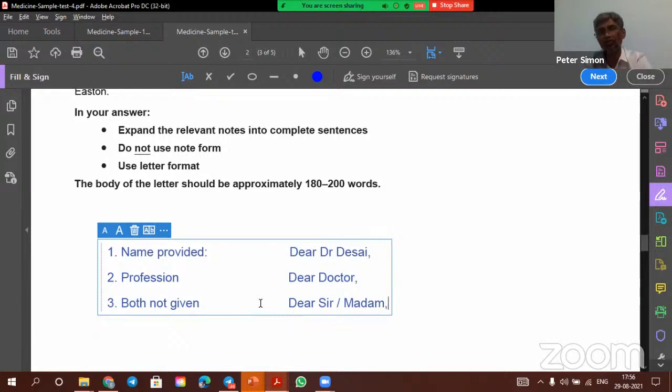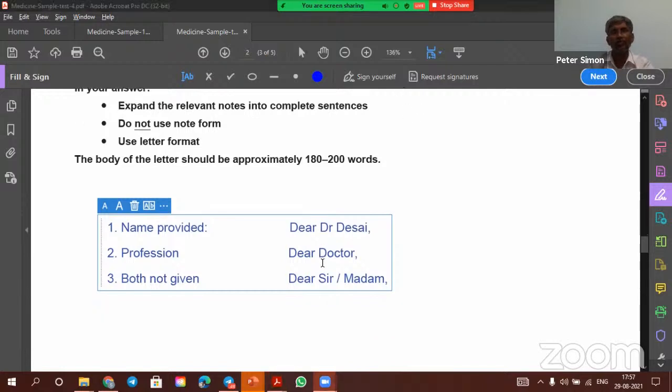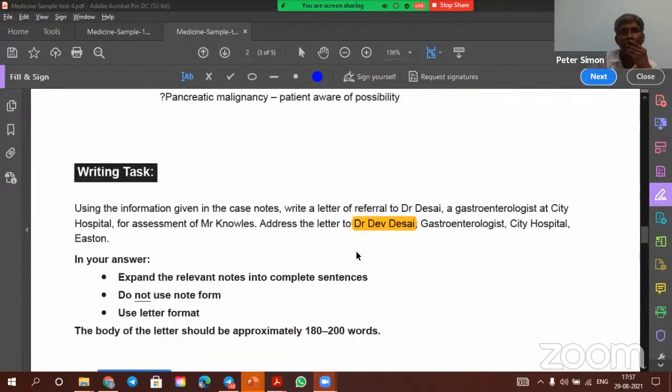So these are the 3 options you can use. There is no doubt regarding that. So dear Dr. Desai, or a dear doctor, or dear sir or madam. Now let us see here. You can see here, Dr. Dev Desai. Then why did I not write Dev Desai? And why did I write only Desai?